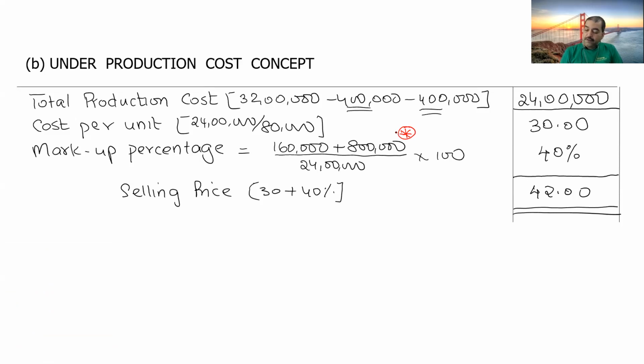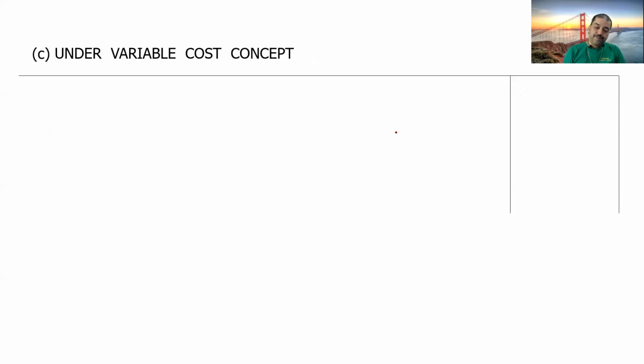Let us now see variable cost concept. Total variable cost already calculated, 20 lakhs.